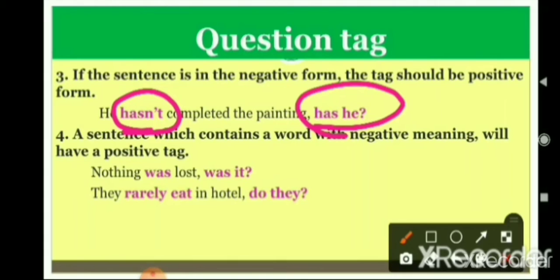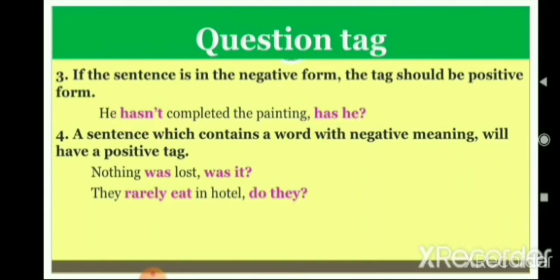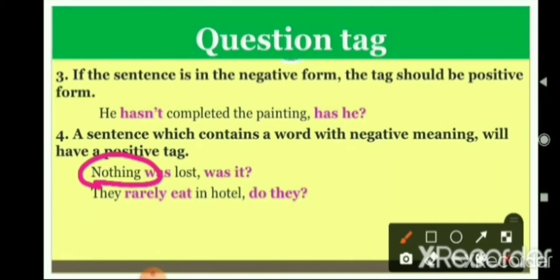A sentence that contains a word with a negative meaning will have a positive tag. So, like nothing was lost. Nothing implies a negative meaning, so it takes positive tag. Was it? They rarely eat in the hotel.